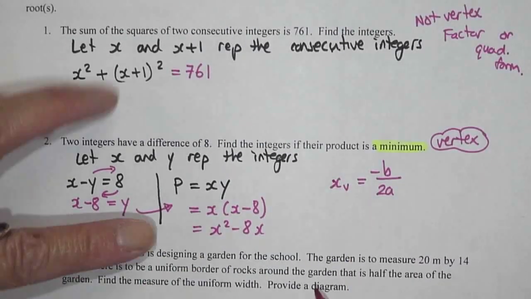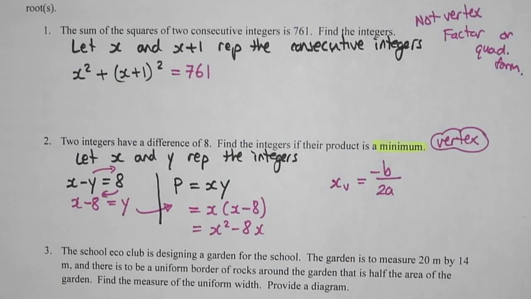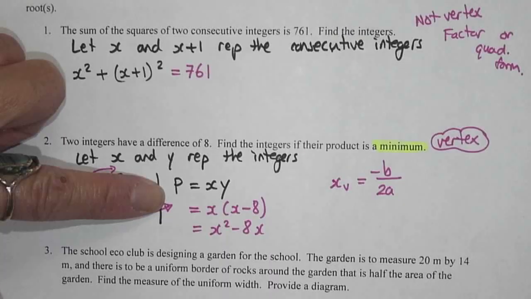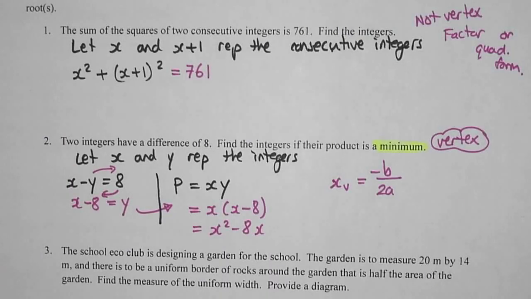Does that make sense? To see how they're different, they look almost the same. They're integer questions, and they're still integers in terms of the setup, but one of them tells you what it equals, and one of them is telling you to maximize or minimize that product or the sum or whatever it is.